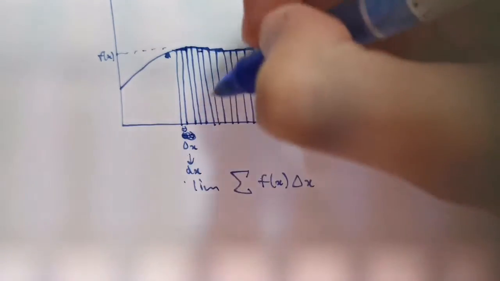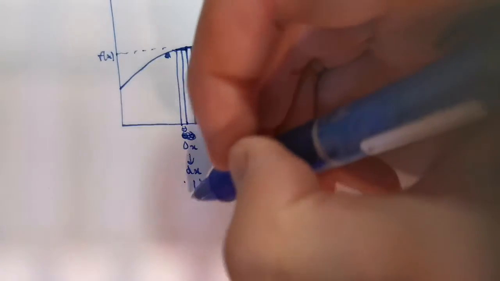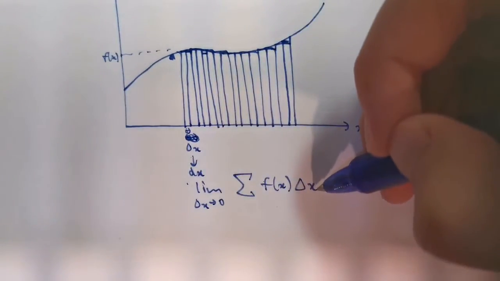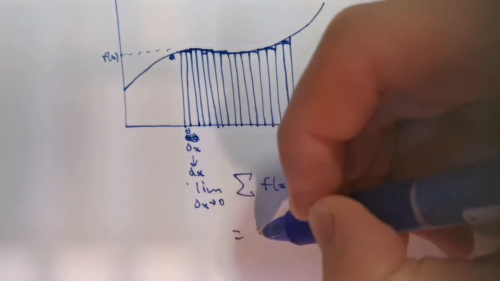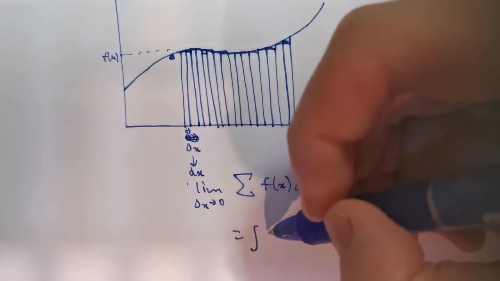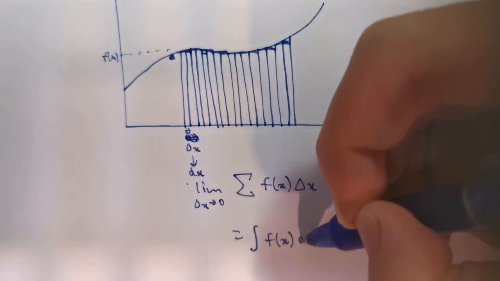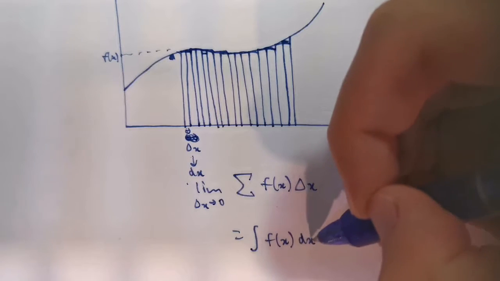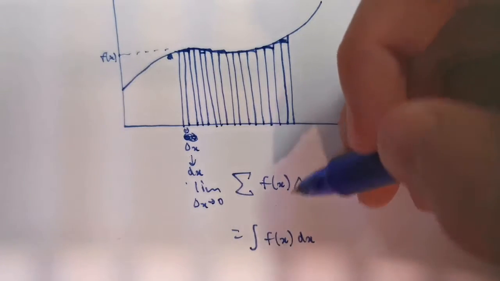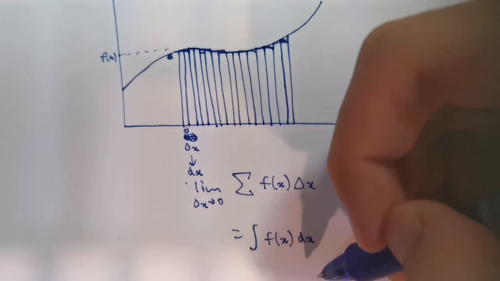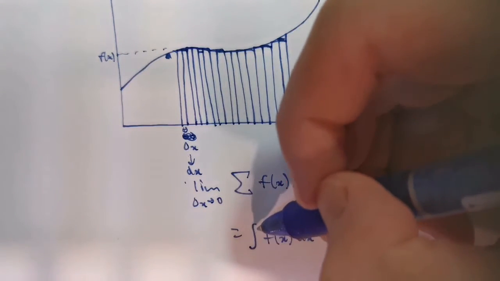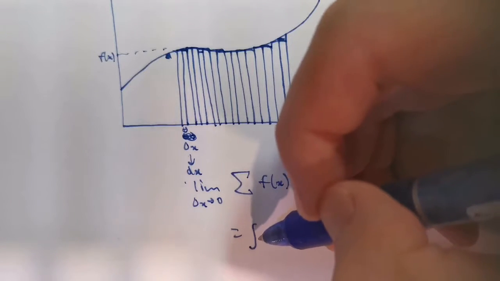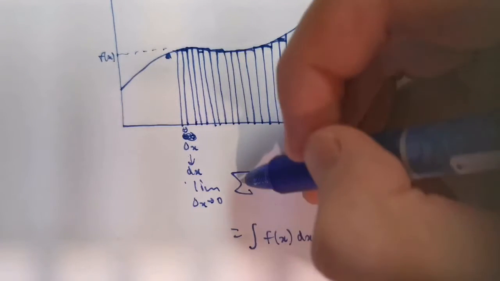So this is how you do your integration. You shrink your delta x until it becomes 0, and then eventually you'll get this. So your delta x becomes dx, since dx is your delta x but infinitely small. Then the summation becomes the integral symbol. So this is what the integral symbol represents. Your integral basically represents a summation.